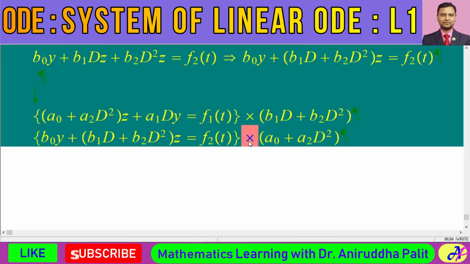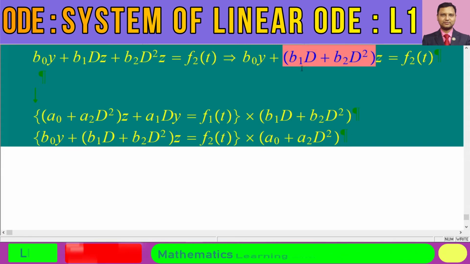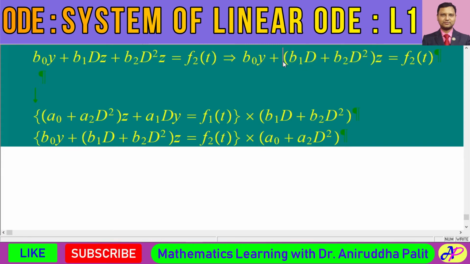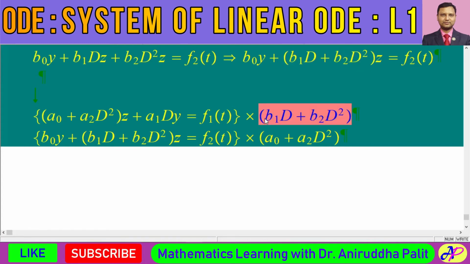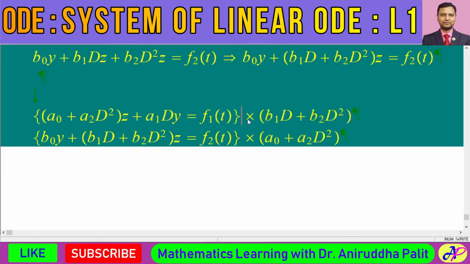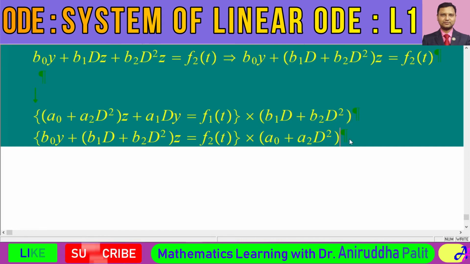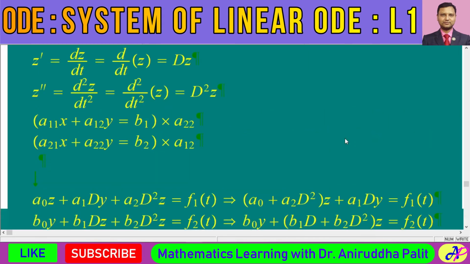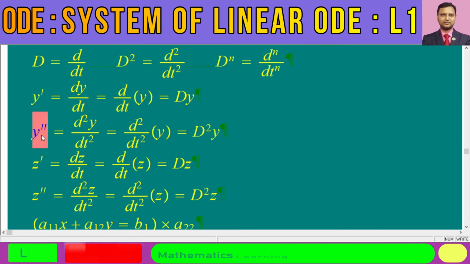But over here you see we are not dealing with numbers. Although initially we can consider them as numbers, what we are actually doing is multiplying this equation by an operator. If you look at this kind of operator, we write D squared y, that is actually the second derivative operator.